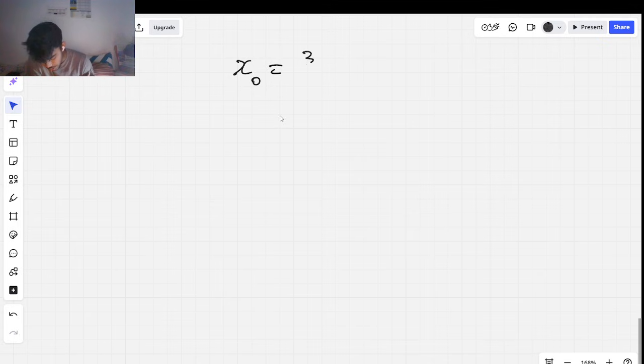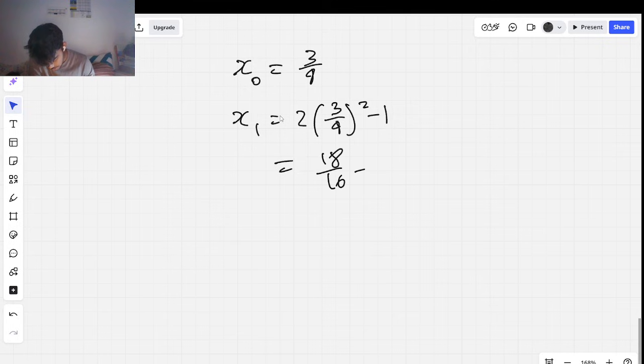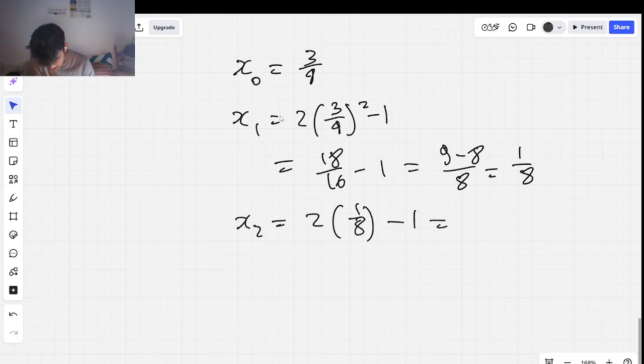Let's say 3 over 2. No, that's more than 1. Sorry. 3 over 4. This is going to be 18 over 16 minus 1. And this is 9 over 8. 9 over 8, 64 minus 32.